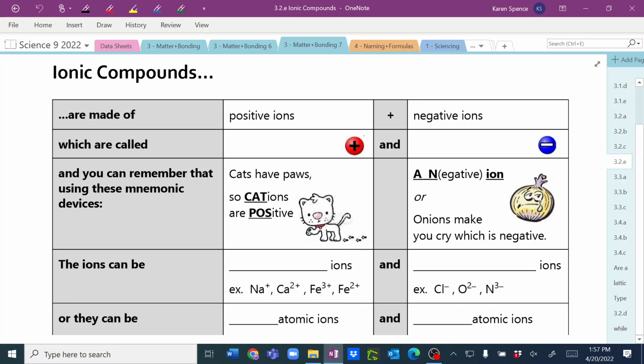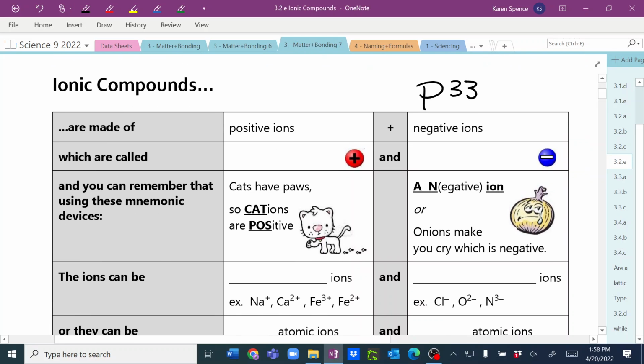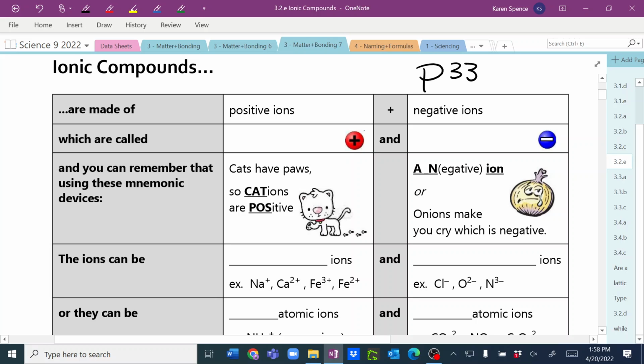Okay, so this is on page 33. Ionic compounds.